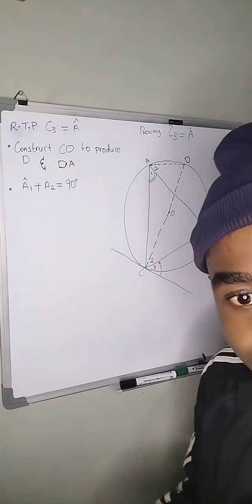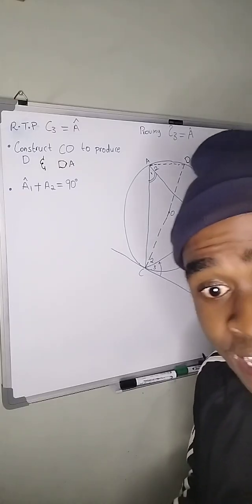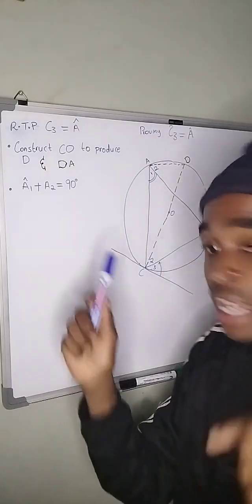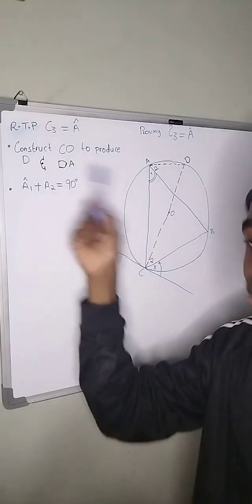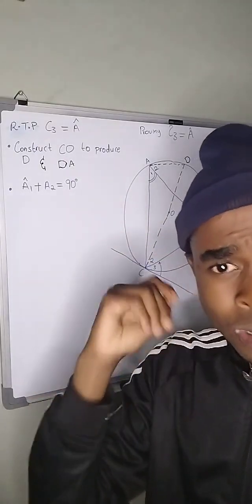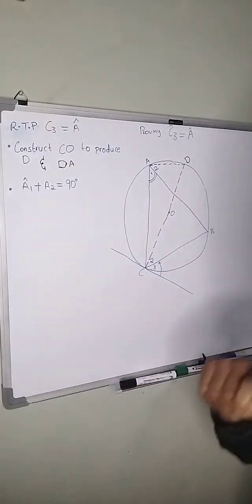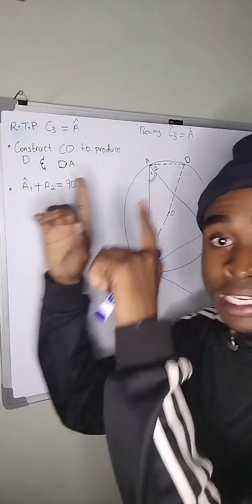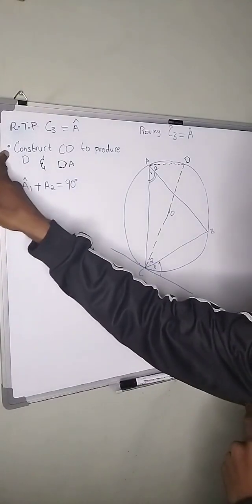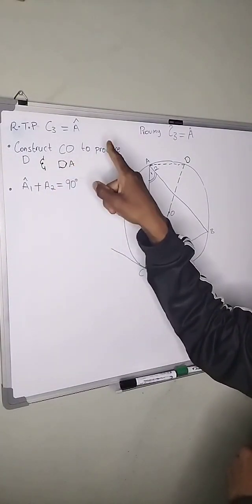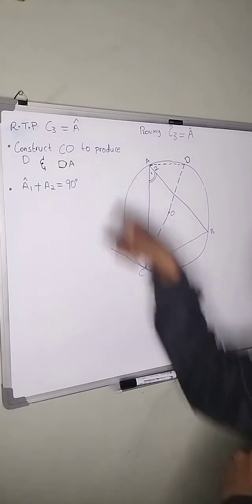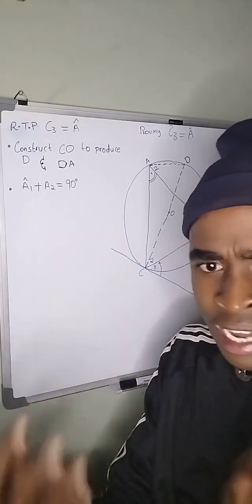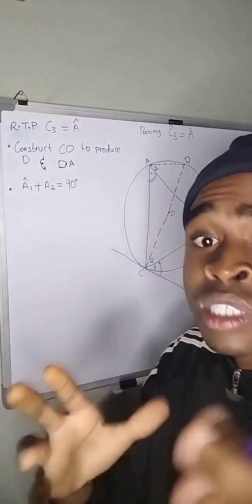Angle in the semicircle, right? Thank you very much, I really appreciate your participation. Let's go back to the first statement. You can even say construct the diameter CO to produce A. That is still fine, but it depends on how you want to state it.